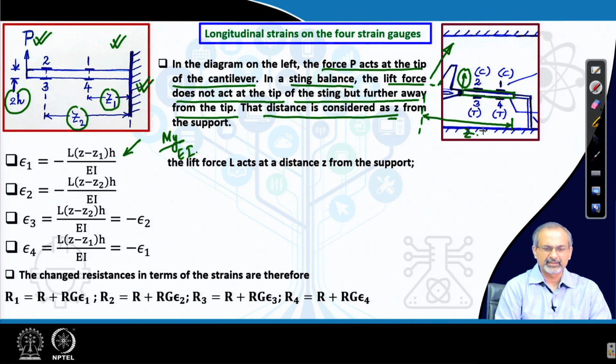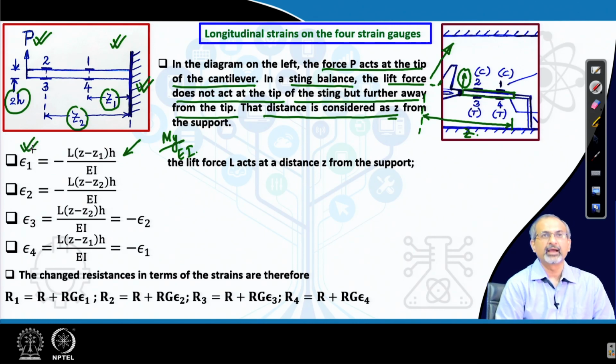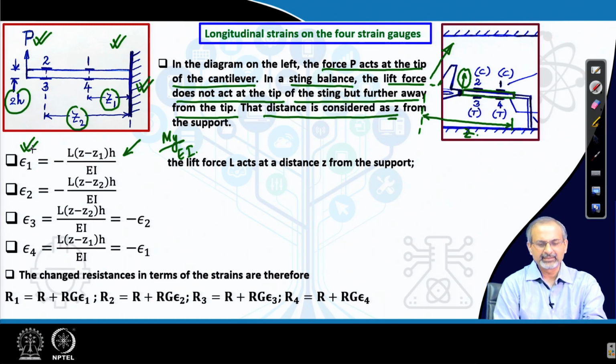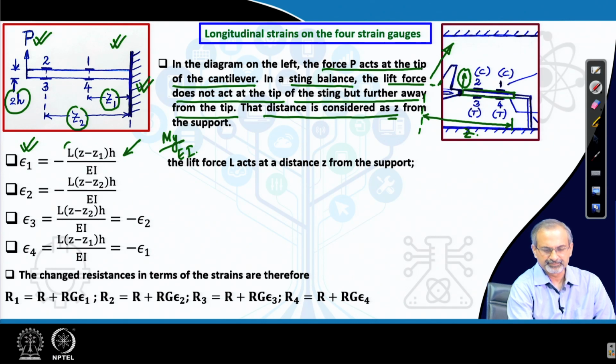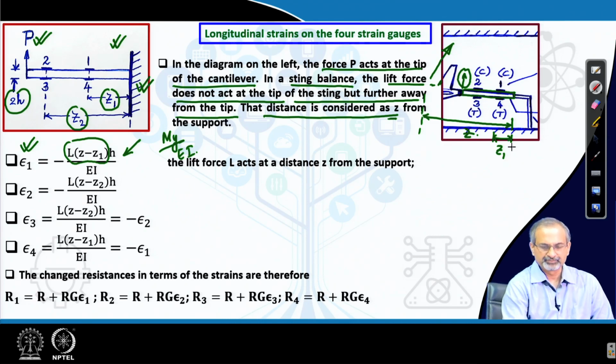If you consider that, then at location 1, the strain that we will have is epsilon 1 with a negative sign because it is compressive, and then L times z minus z 1 is basically the moment. So, z minus z 1, z 1 being this distance, is the moment arm for the load acting on point 1, and then the rest is here, h is the y distance and E I at the bottom.